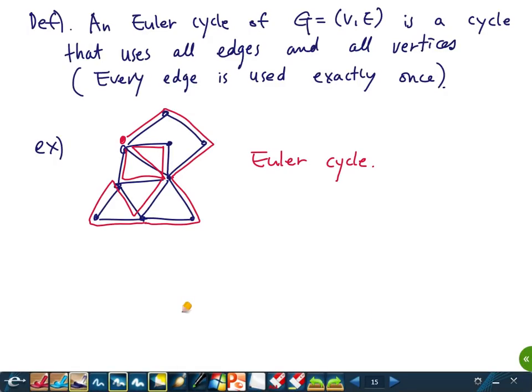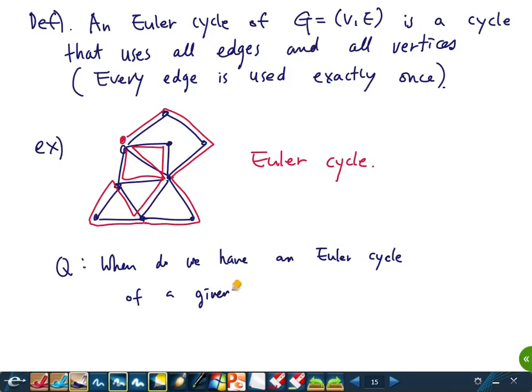Okay, so we defined an Euler cycle of a graph, and our question is, when do we have an Euler cycle of a given graph?